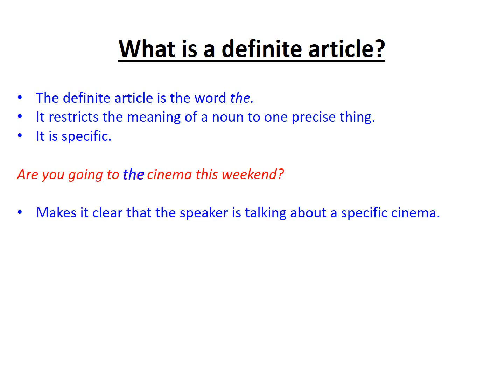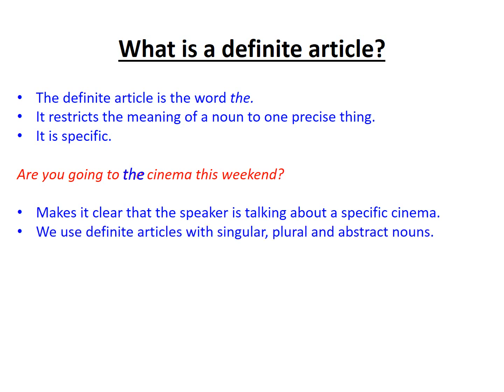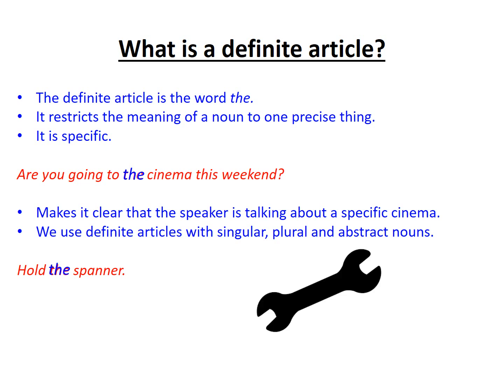We tend to use definite articles with singular, plural and even abstract nouns. If I say, hold the spanner, it's quite clear I'm talking about a specific spanner. Now, if I was asking for more than one item and I said, hand me the spanner and the nails, it's clear that I'm referring to one spanner and several nails, but these are specific items, hence why they have a definite article.